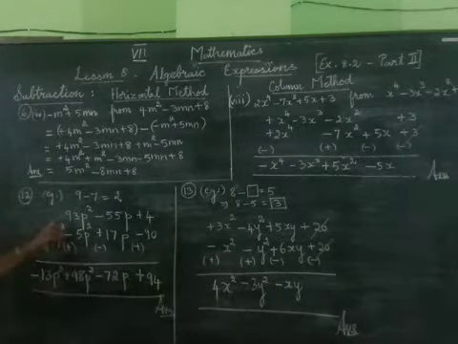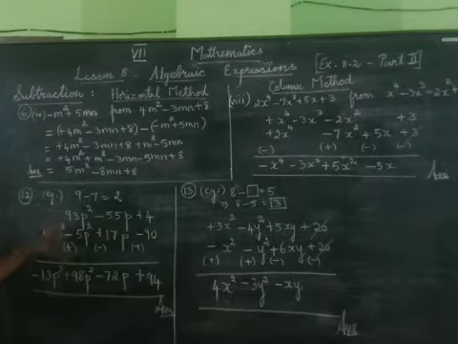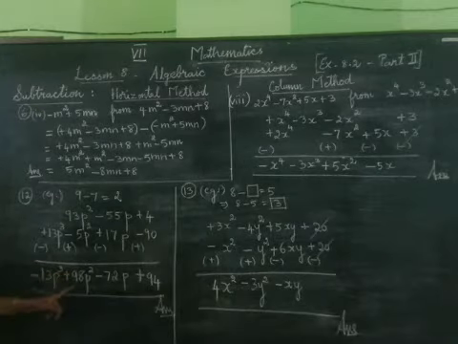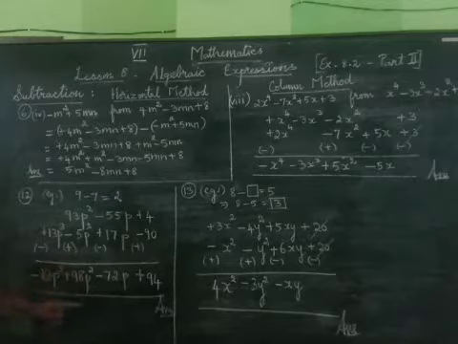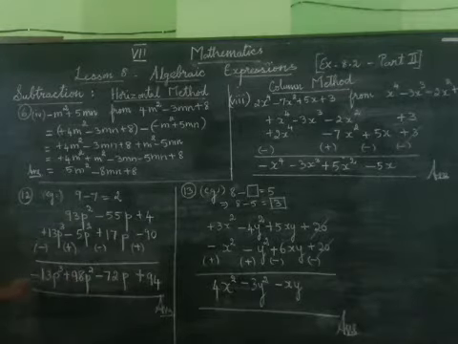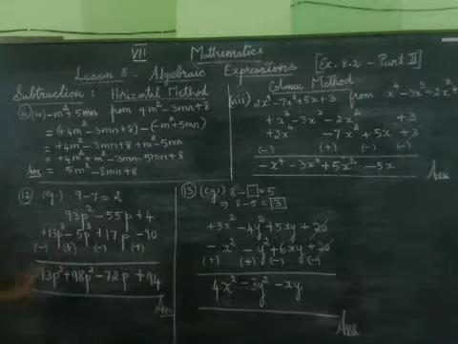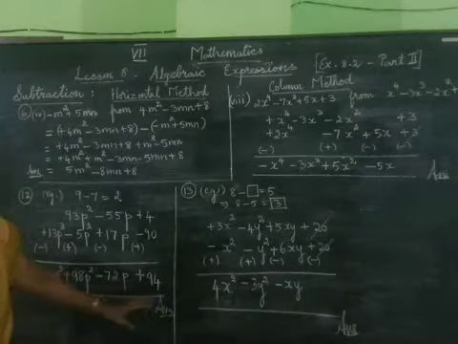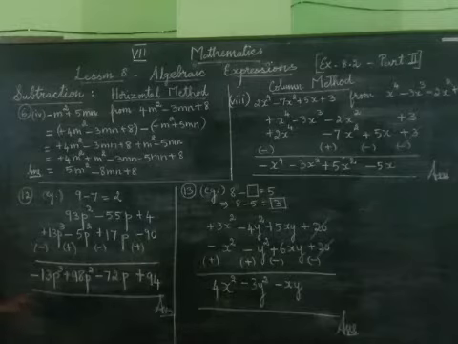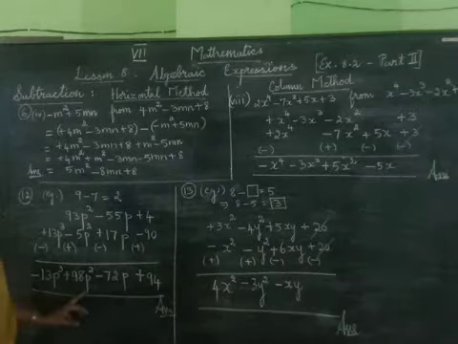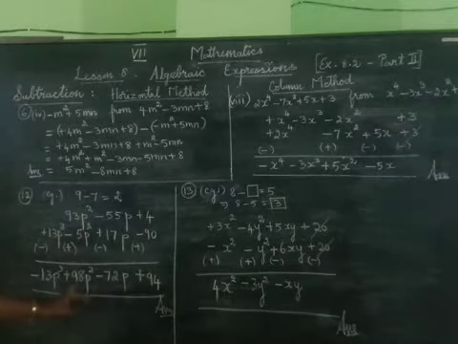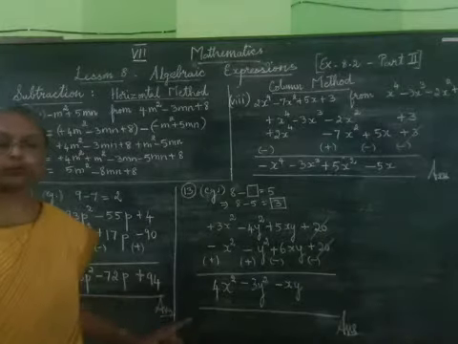Then here plus 93 plus 5, add and put the same sign, plus 98p square. Then the last one, minus 13p cube. Now the final answer for this will be minus 13p cube plus 98p square minus 72p plus 94.